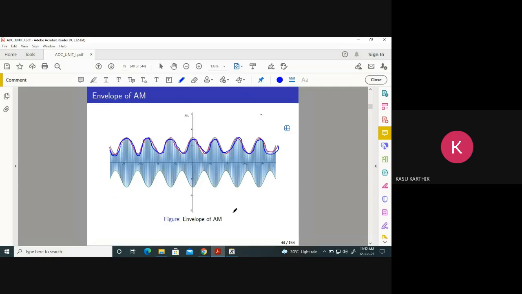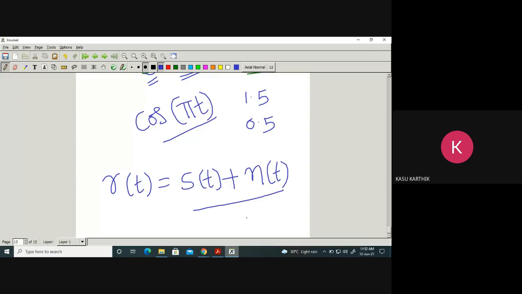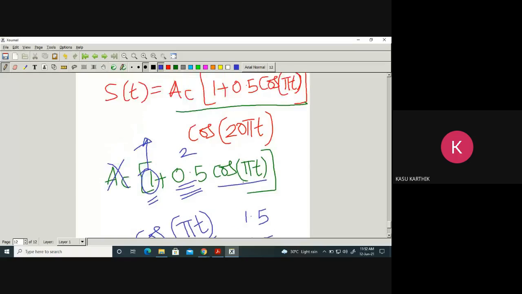Please remember, we are discussing everything if and only if mu is less than 1. So if mu is less than 1, the envelope is positive. You can see here, this envelope is always positive. That's why I am not talking about the mod function. Actually, what should the envelope be? Mod of this.